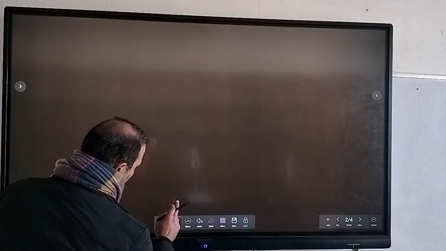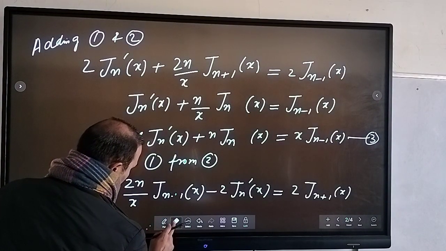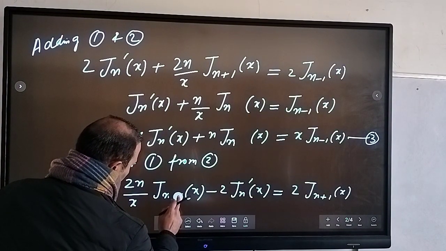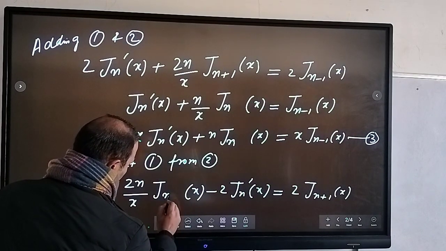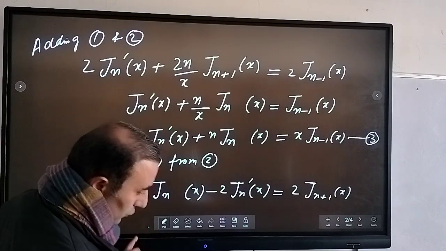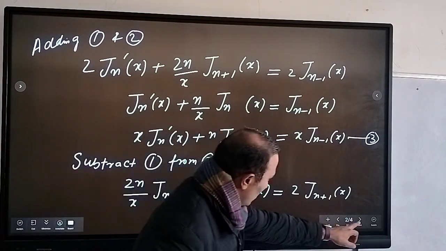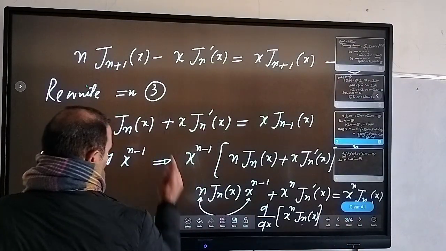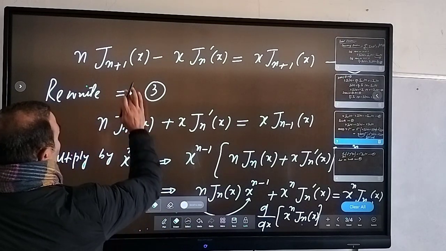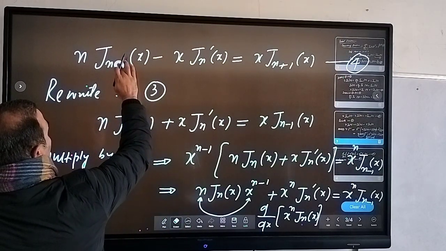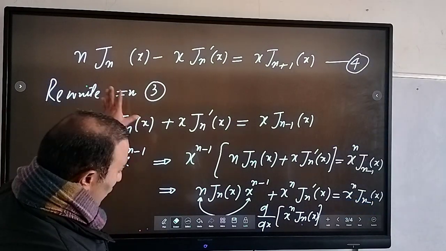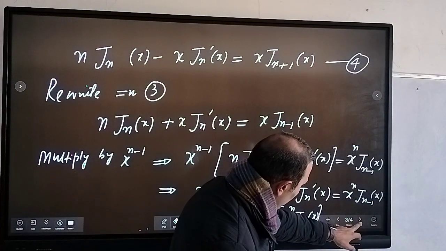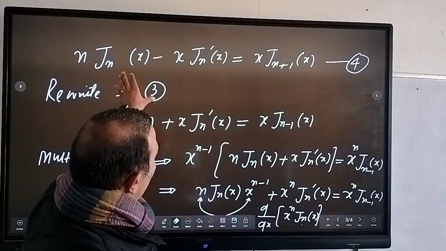So you can write this as 2n by x Jn of x, or it will be this. So this is our fourth recurrence relation.